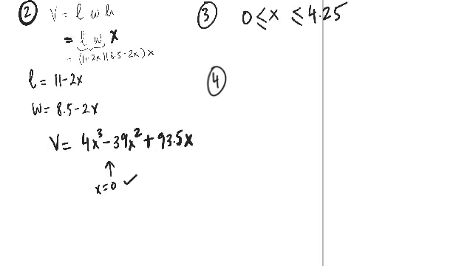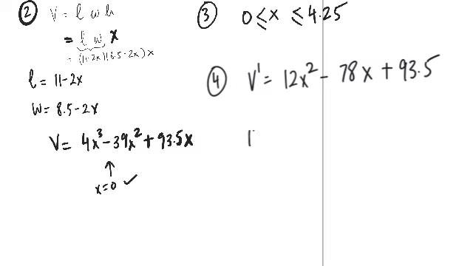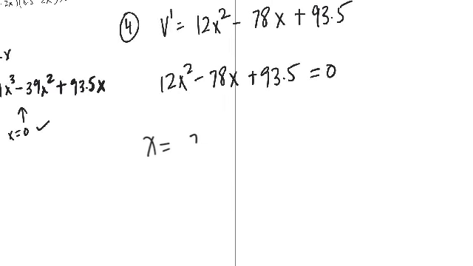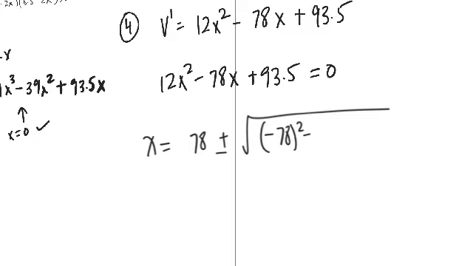Step 4 will be our derivative, which is 12x squared minus 78x plus 93.5. Then we're going to set that equal to 0 and use our quadratic formula because it's not factorable to solve. So we get x is equal to negative b plus or minus the square root of b squared minus 4ac all over 2a.